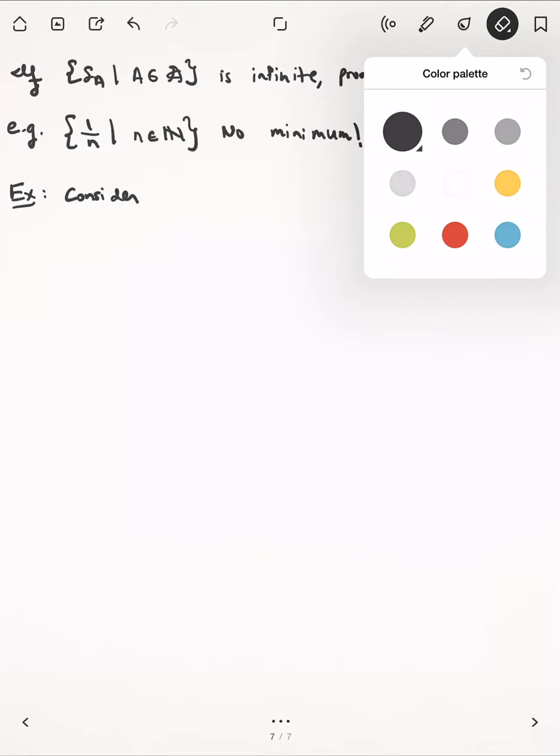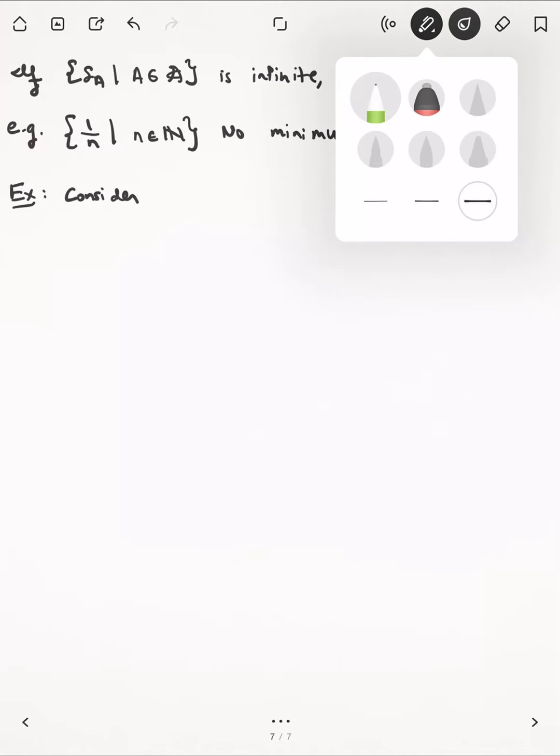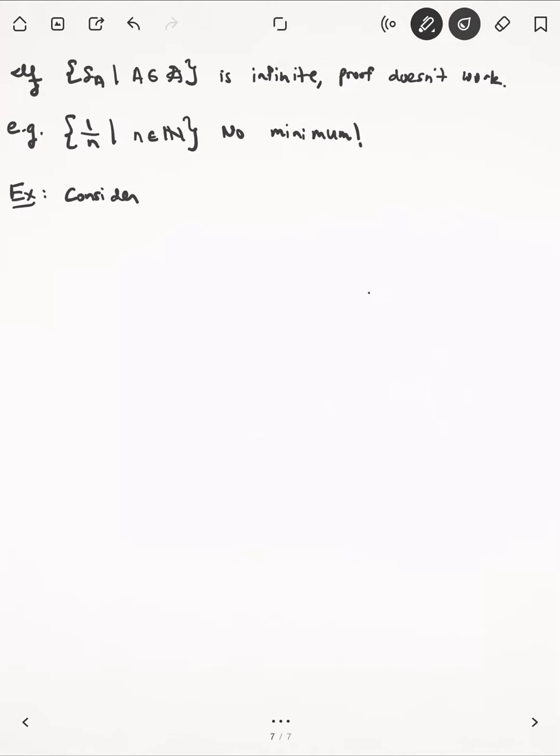Consider the family of intervals A sub n, which is going to be equal to the open interval from 2 minus 1 over n up to 5, which is a subset of the real numbers, with n taken from the natural numbers.